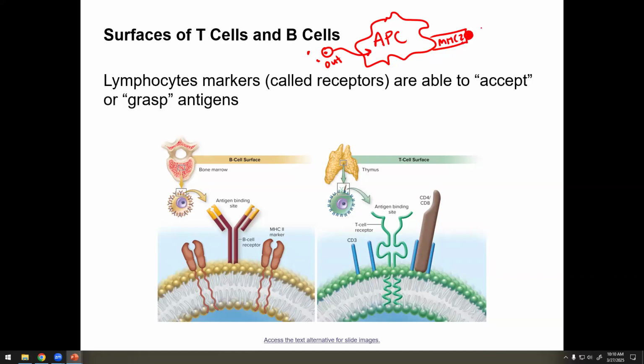How do our lymphocytes engage with the antigen when it's being presented that way? Well, our T cell receptor will come in and recognize the antigen. It is a specific recognition. MHC can hold up anything, but the T cell receptor specifically recognizes that specific antigen.